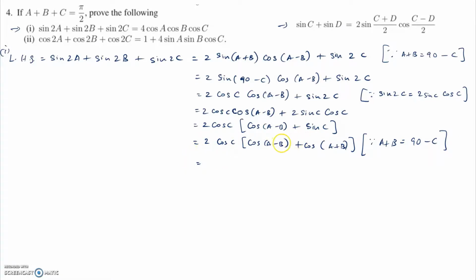Further from this, cos(a minus b) plus cos(a plus b) is nothing but 2 cos a cos b. Therefore, simplifying, this becomes 4 times cos a cos b cos c. That is equal to the RHS, hence the proof.